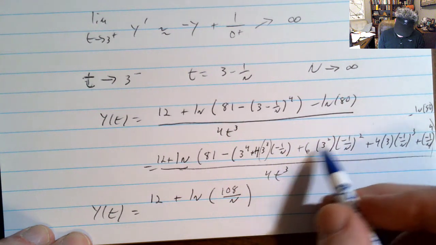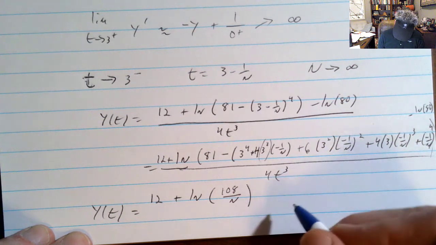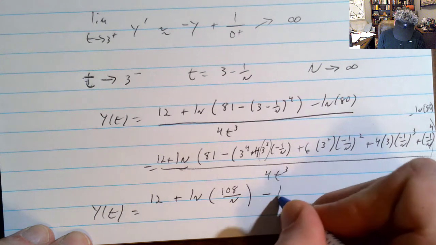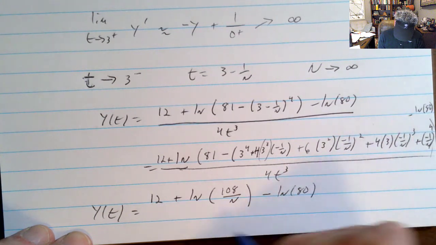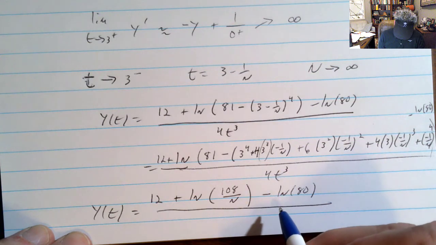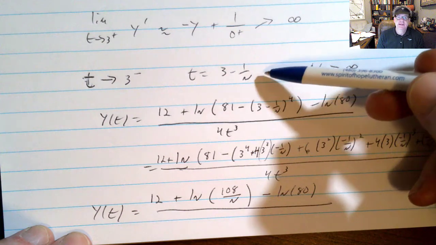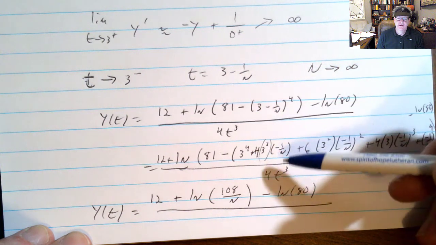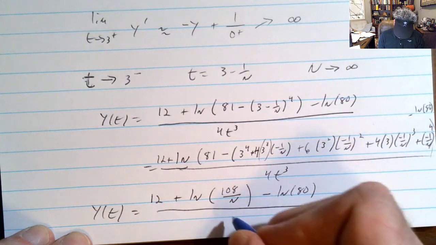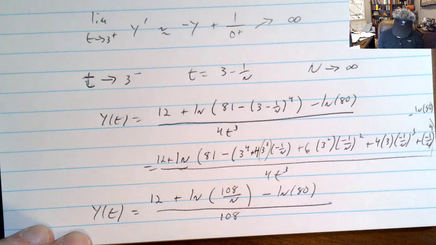So plus order of 1 over n squared. And you have minus log of 80. And then this 4t cubed. So if I'm almost 3, I might as well just call that a 3 down here. So we'll just call this 108. Coincidence, these are both 108.